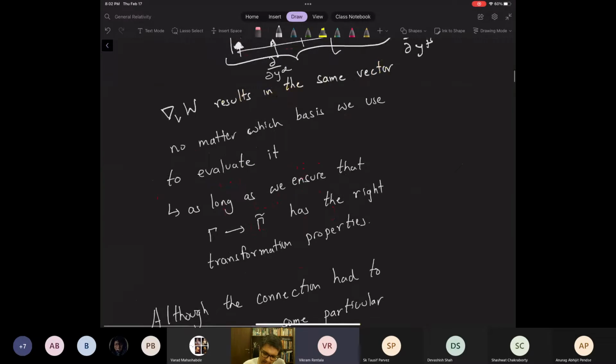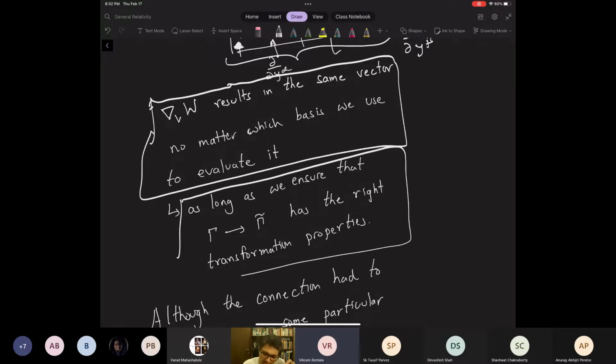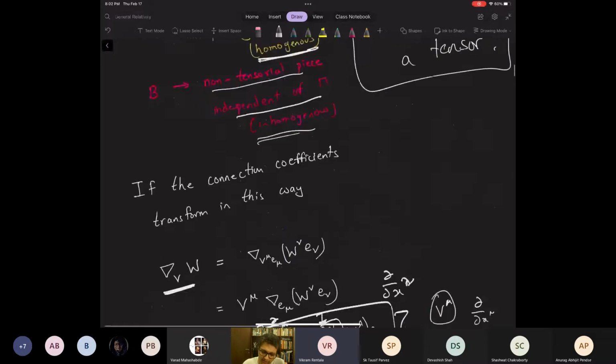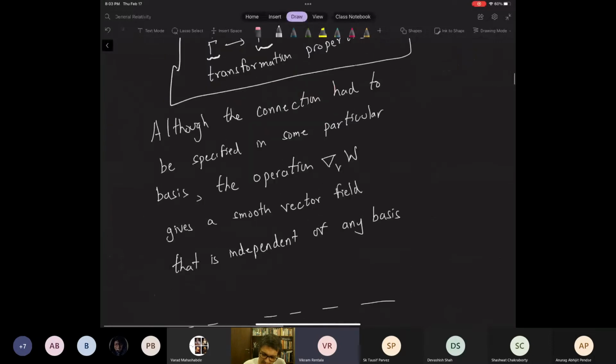So this is the key point. Delta VW results in the same vector no matter which basis we use to evaluate it, with the caveat that when I specify the connection coefficients in one basis, in another basis the transformation is related using that equation that we derived for the transformation of these connection coefficients.